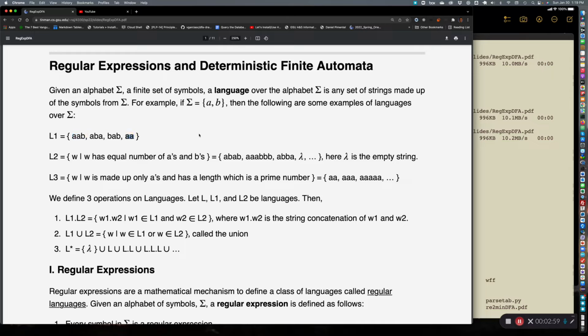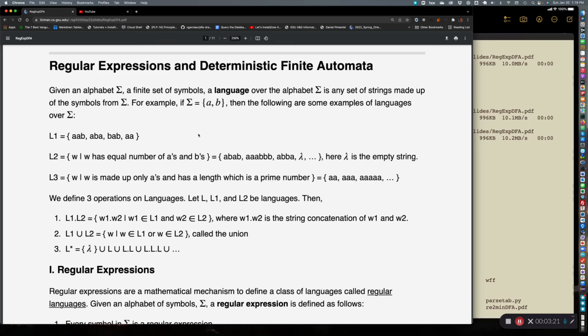Okay, so it's a finite language. This particular L1 is made up of 4 random strings. I just picked them randomly. You can create other finite languages by randomly picking strings you like and putting them into a language. Okay, that's a finite language.